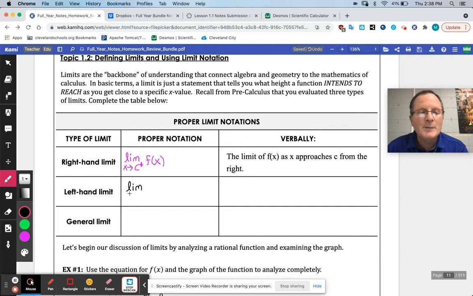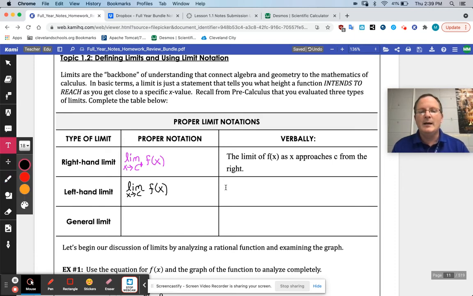And that subscript is x approaches, so that's an arrow, C from the left, and then our function is f of x. Sometimes you'll see it read without the of f of x part, say the limit as x approaches C from the, in this case, left. So that's a little minus sign, almost like an exponent, a superscript there, and that's our notation.